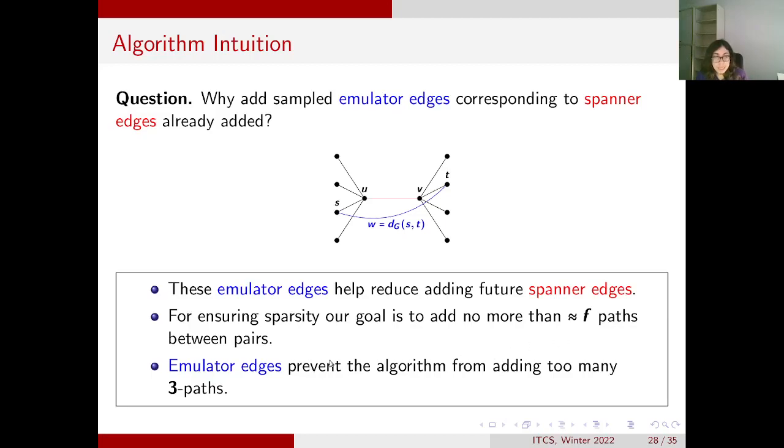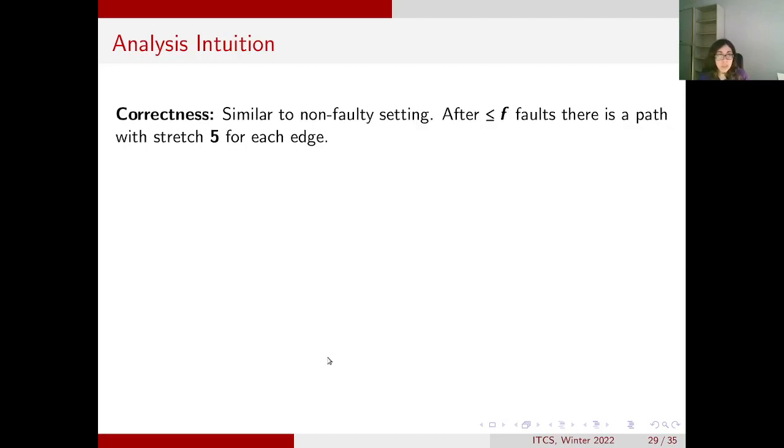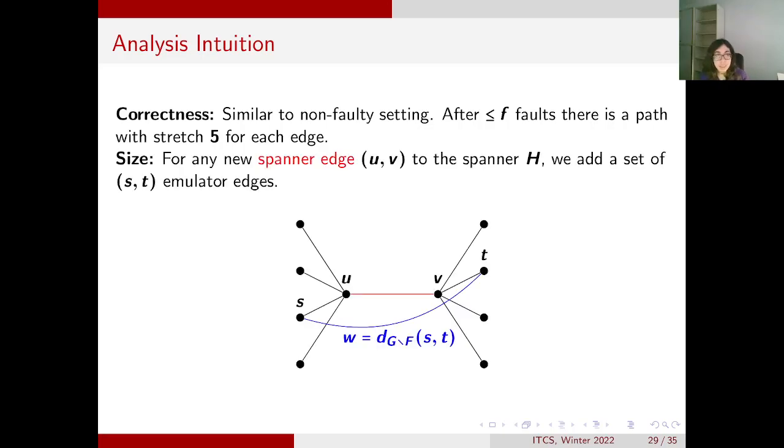And somehow these emulator edges along these 3 paths will help us not add too many edges. So very briefly, correctness is again easy. I won't get into it.